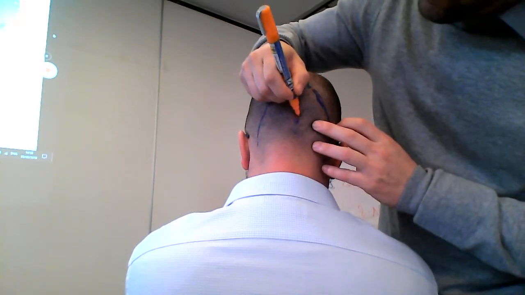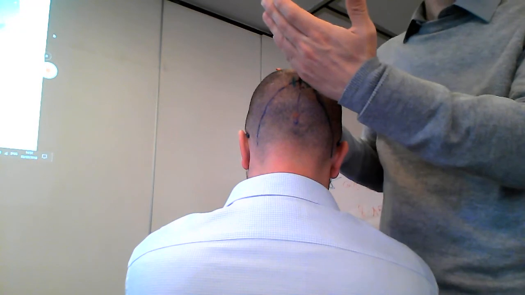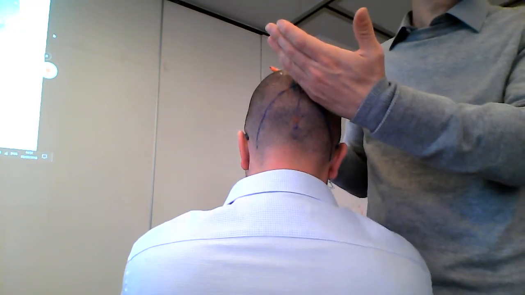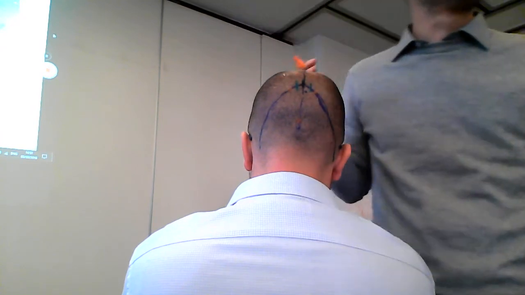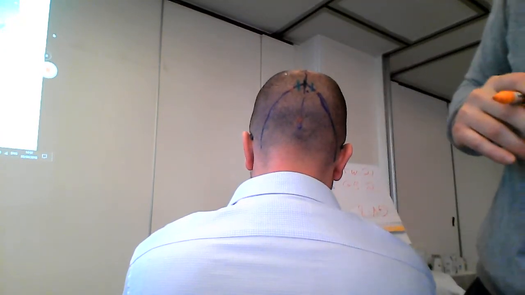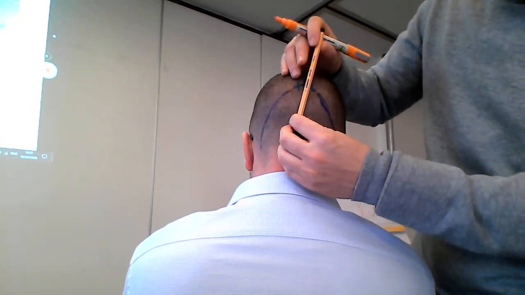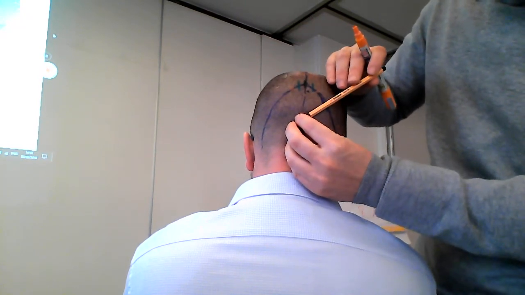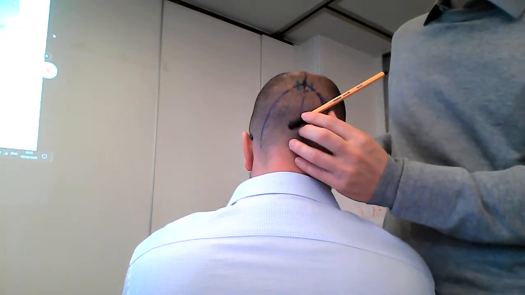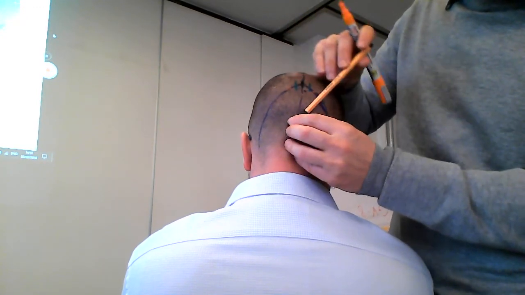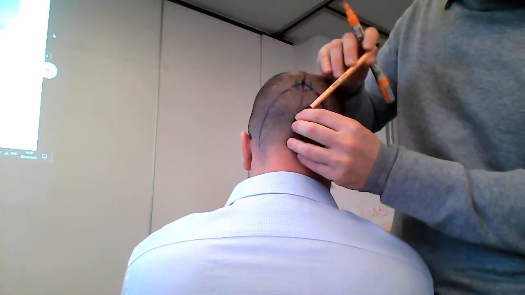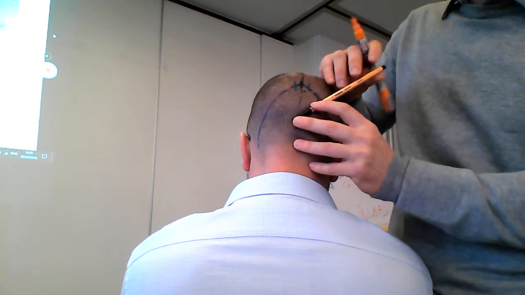Okay, so from this point, I need to go at a 45-degree angle up and forward. So if this is the 90 and this is the 0, then here is about the 45.